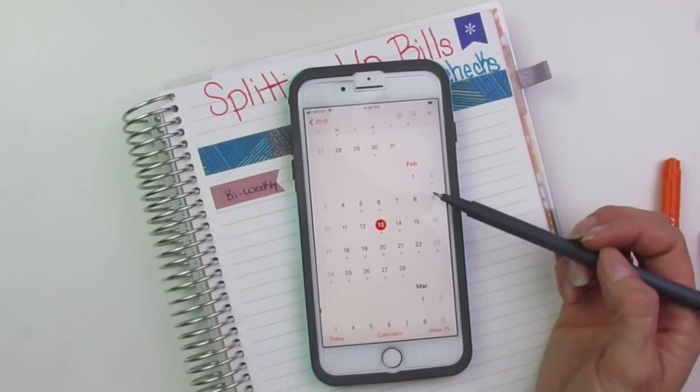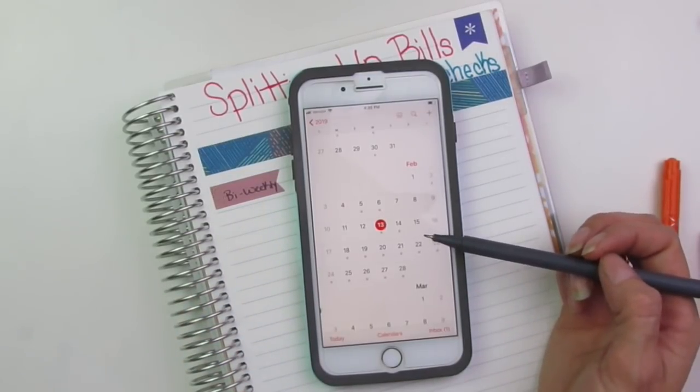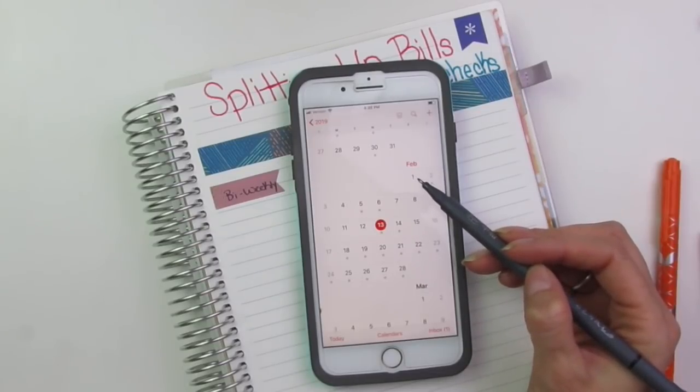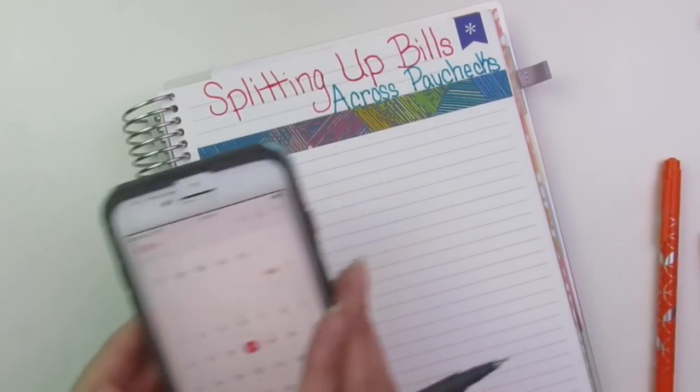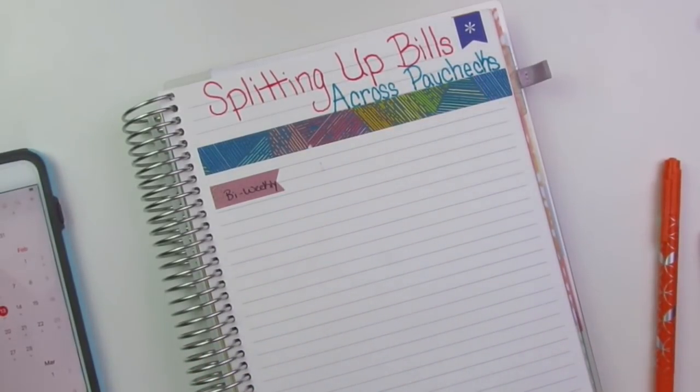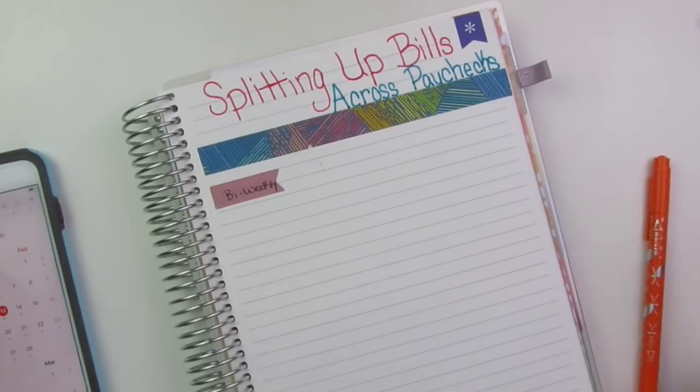February has 4 weeks in it, and let's say you're bi-weekly, so you get paid on the 1st of February and also the 15th of February. I clearly need a different pen because that pen just died. We'll use blue.